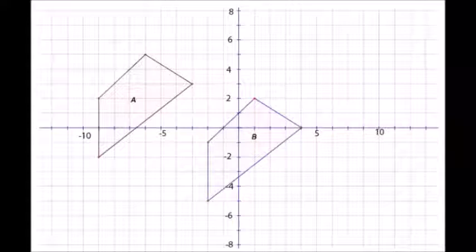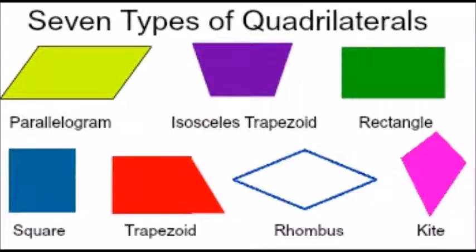The next thing we talked about was quadrilaterals. Quadrilaterals are shapes with four sides. As in the beginning, squares and rectangles are the basic quadrilaterals, and they have four sides with opposite sides parallel to each other.